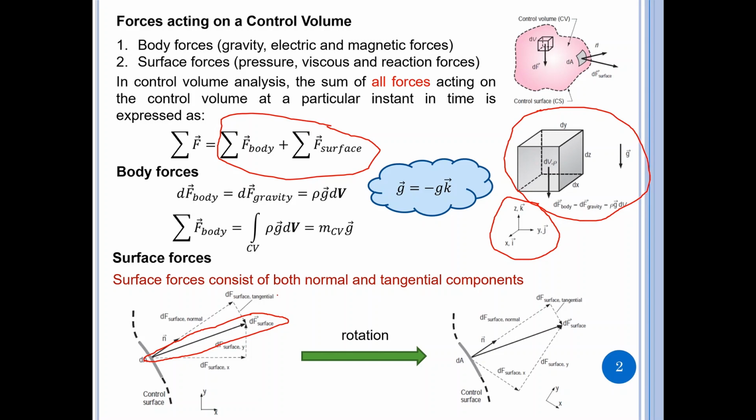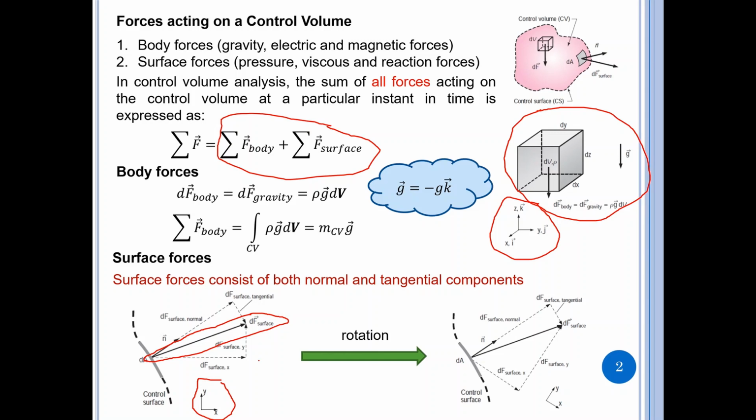If you remember, when we discussed conservation of mass, the normal component is responsible for the mass flowing in and out of the control volume. But this force also has two components depending upon the coordinate system: an x component and a y component.